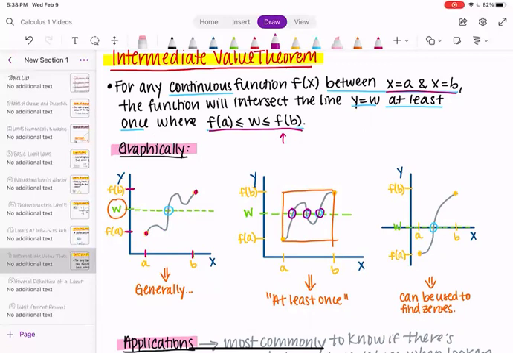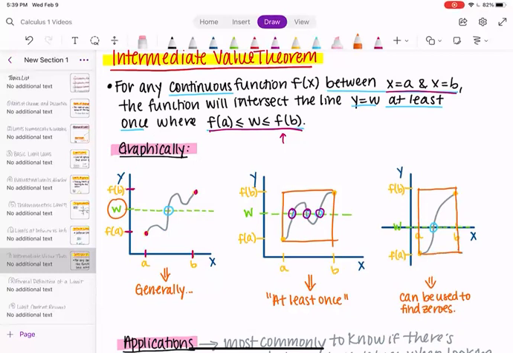The reason this is such a cool theorem is that you can use it to find the zeros of a function, right? So I'm looking at this one now between a and b, and I drew my w at 0.